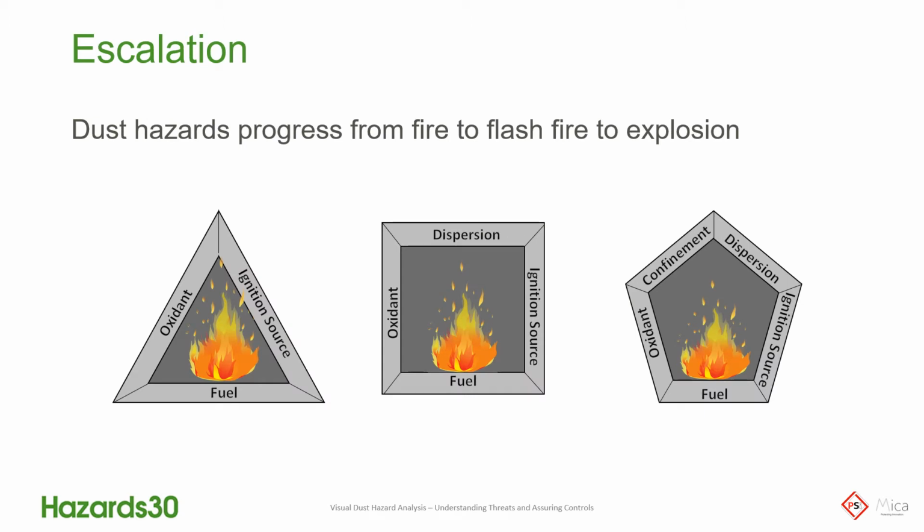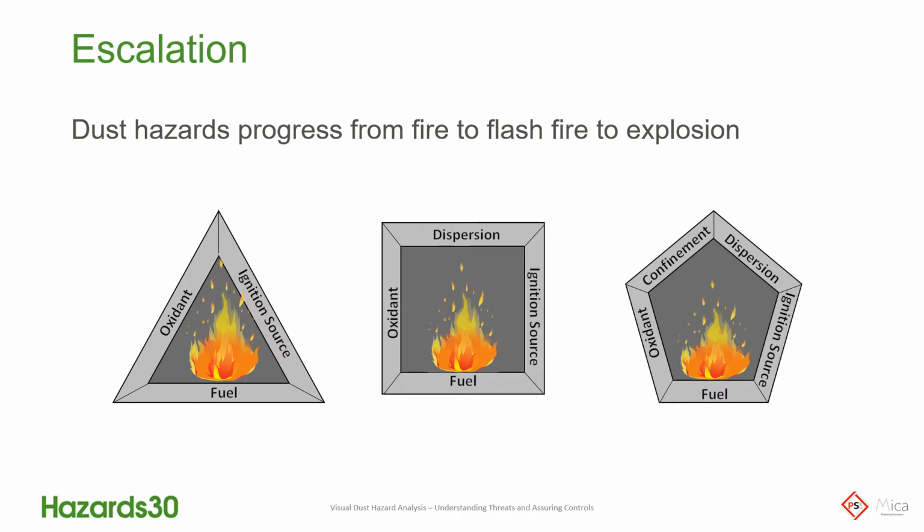We've known about the issues of dust explosions for literally centuries, whether it's grain or pharmaceuticals or other materials. There's always the potential for uncontrolled ignition and the escalation from the simple fire triangle to go from a conventional fire to a flash fire and ultimately to a dust explosion.